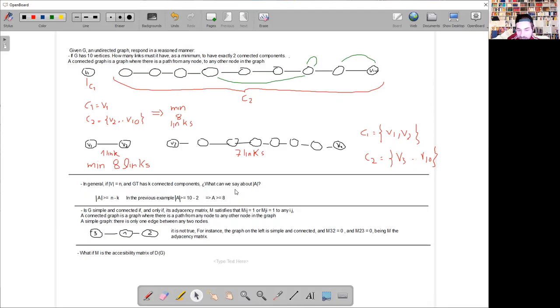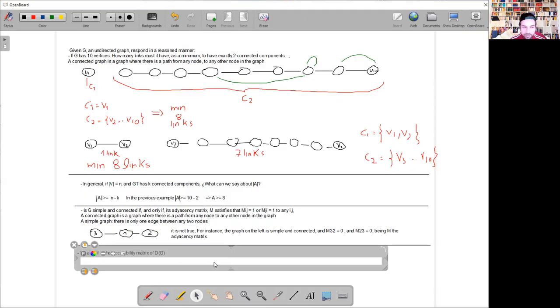But we couldn't say that it is simple in that case, right? Because the accessibility matrix says if one node is accessible from another, but it doesn't say the number of links that we have between two nodes, right? It only says if it is accessible or not.